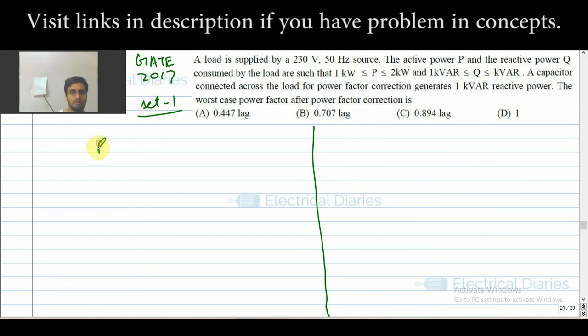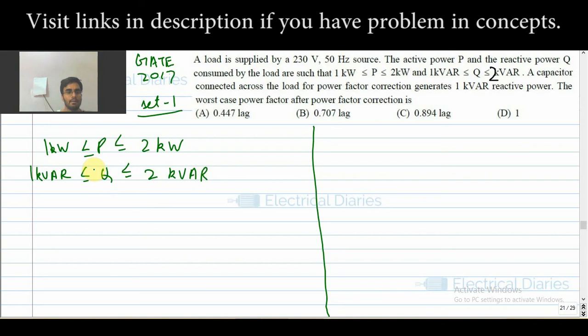P is between 1 kilowatt and 2 kilowatt, and Q is between 1 kVAR and, in the actual problem, 2 kVAR. So P and Q are given to us.